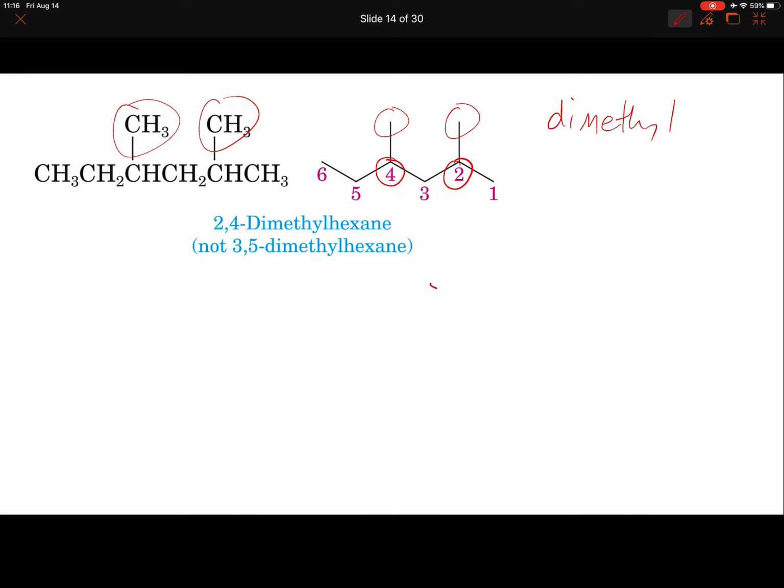If they were on the same carbon, this is still dimethyl, this is still hexane, but this would be 2,2-dimethylhexane. So multiple substituents, you separate their numbers by a comma, and then you say di, tri, tetra, and so on.